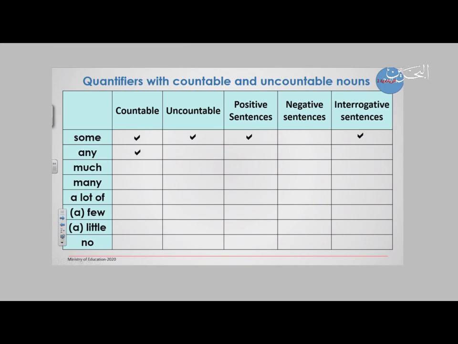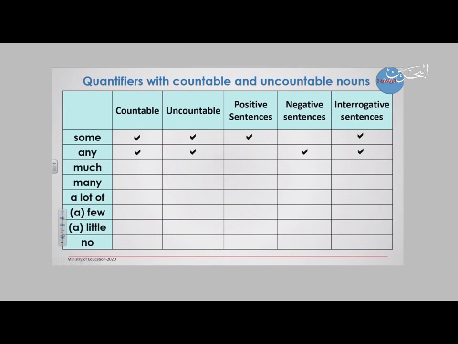Any, countable, I can use it with countable. Is there any tomatoes? Uncountable, also I can use it in a question. Negative sentence. And interrogative sentence, which is the question.